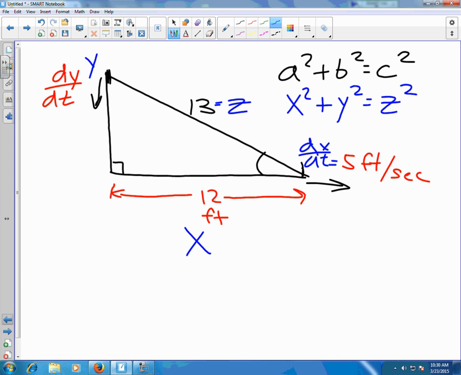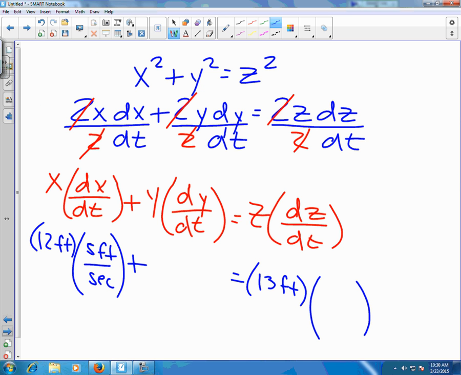So the hypotenuse doesn't change, which means dz over dt would be 0. There's no change. No change means 0. I'll explain why this should make sense in a minute when we're done.